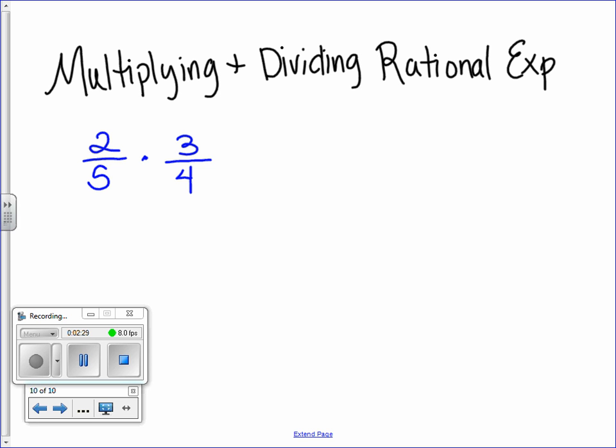Multiplying fractions. So, we want to multiply. Remember when we multiply fractions, you can go straight across. We're going to do 2 times 3, 5 times 4. That's what would happen. Except, does anybody realize what's happening right here?